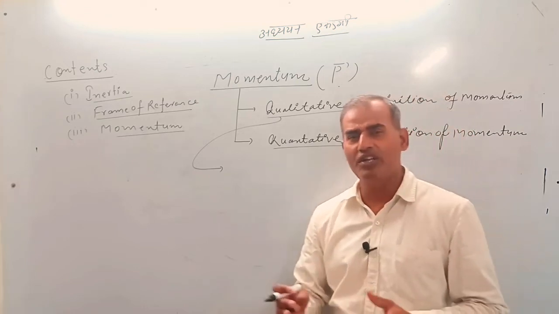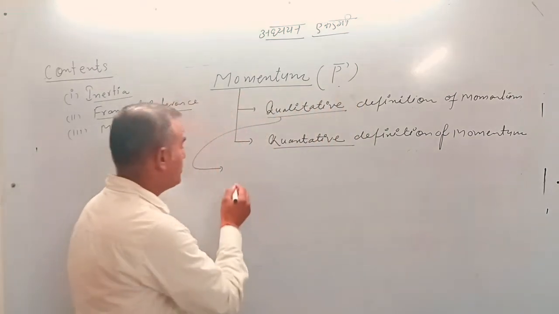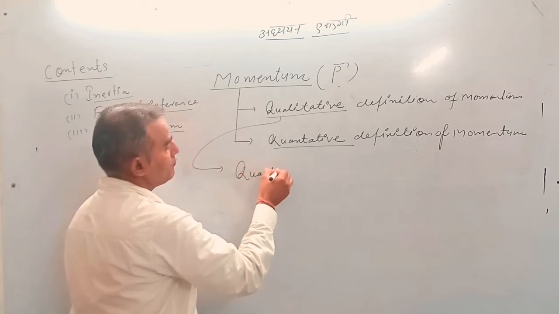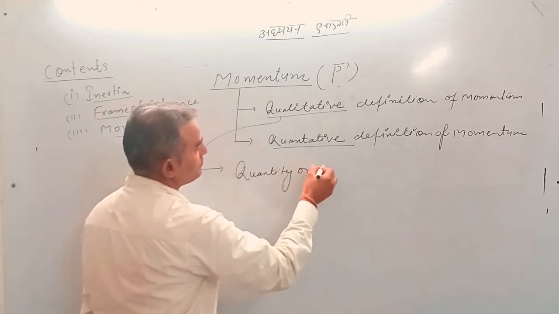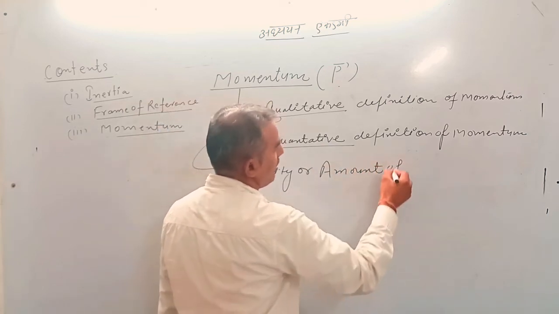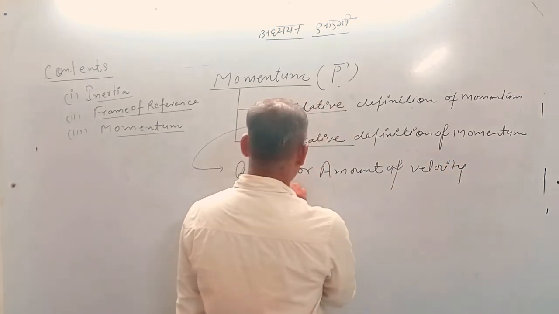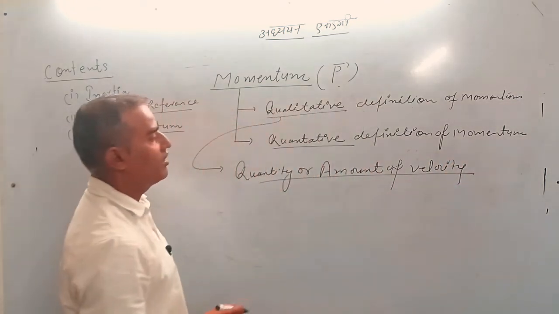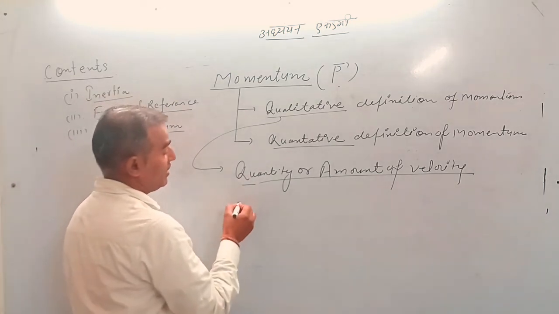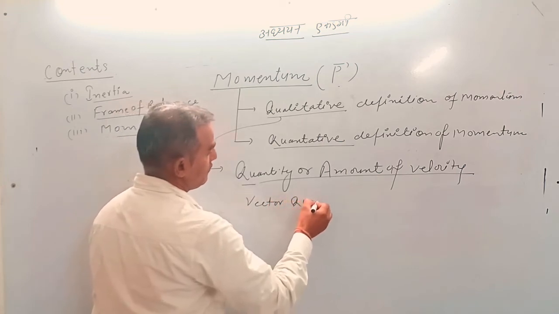Momentum जो है किसी बॉडी का कैरेक्टरिस्टिक है, एक मूविंग बॉडी का है, और ये जो होता है क्वांटिटी और अमाउंट ऑफ वेलोसिटी होता है। ठीक। दूसरा, ये एक वेक्टर क्वांटिटी होता है.